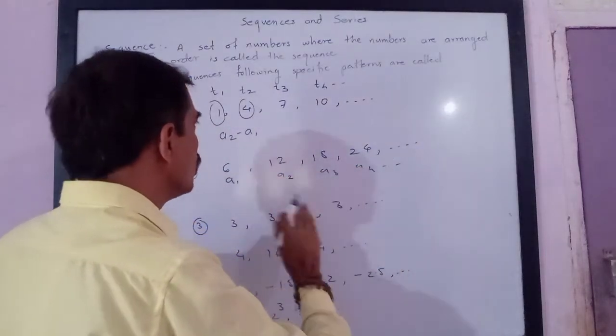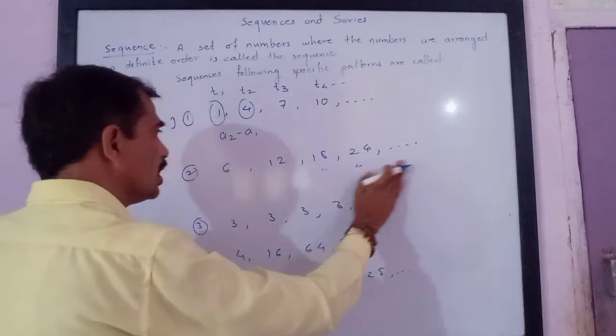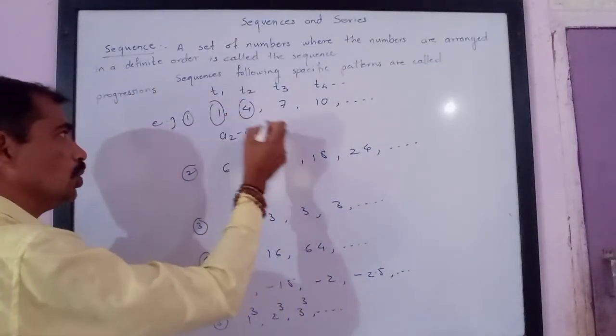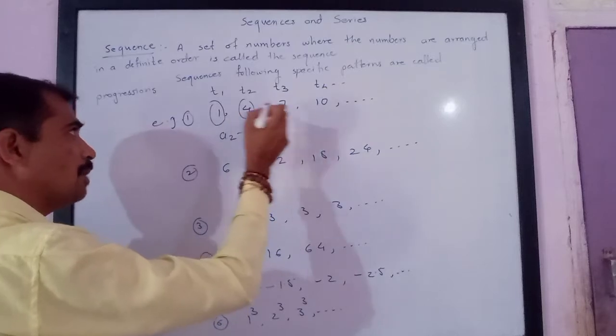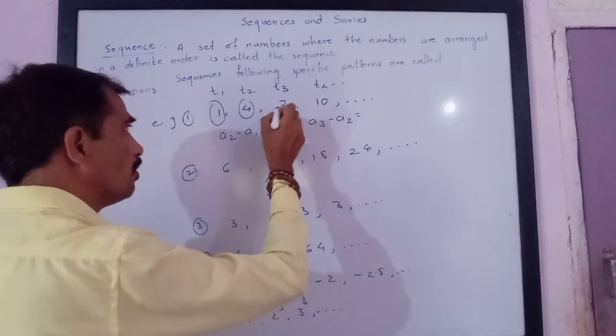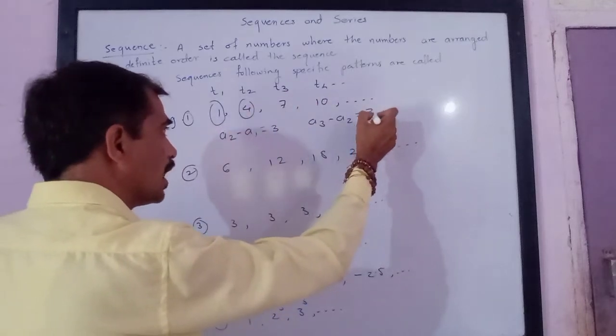If you indicate the terms by A1, A2, then A2 minus A1 is equal to 3. A3 minus A2 is 7 minus 4, which is again 3.